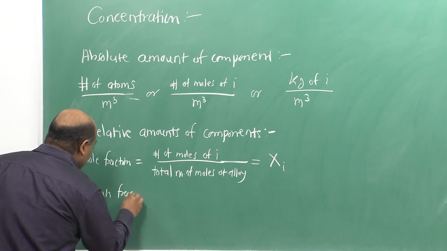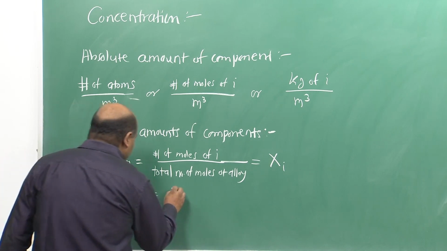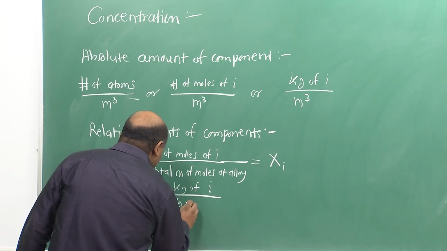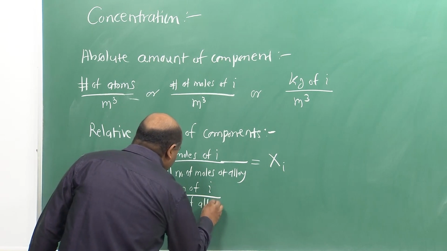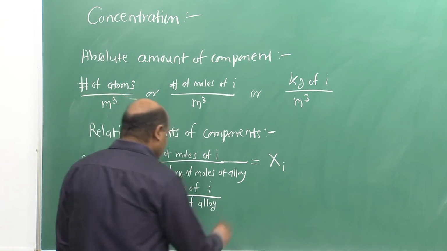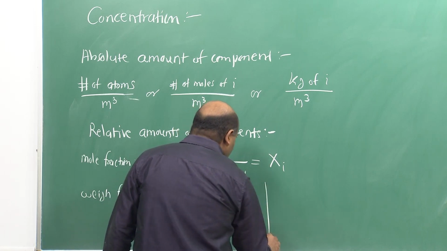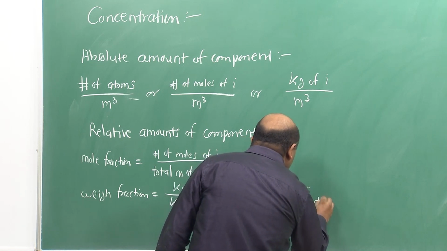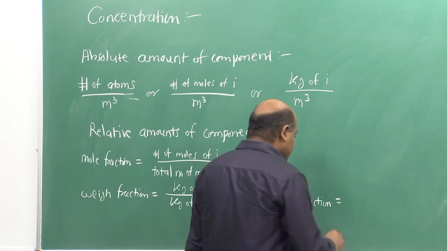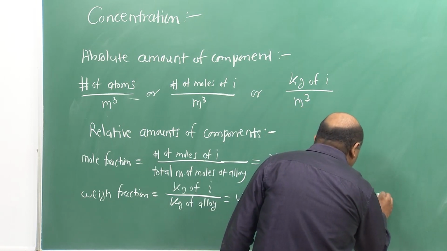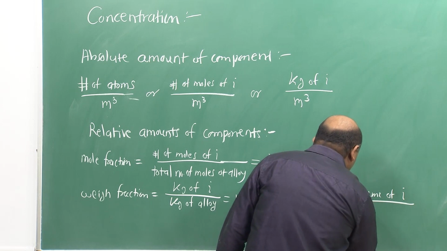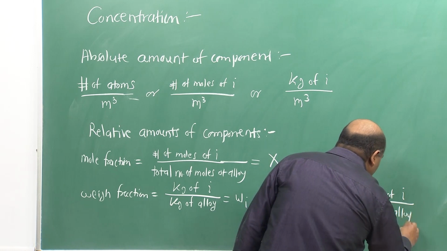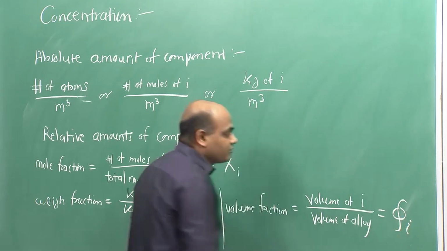or it can be weight fraction, that is the kg of i per kg of alloy, this is denoted as Wi, or it can be volume fraction, which is nothing but volume of i per unit volume of alloy, denoted as phi i.